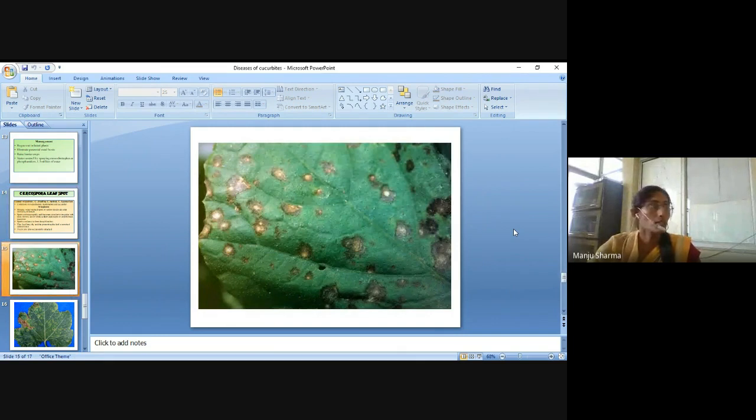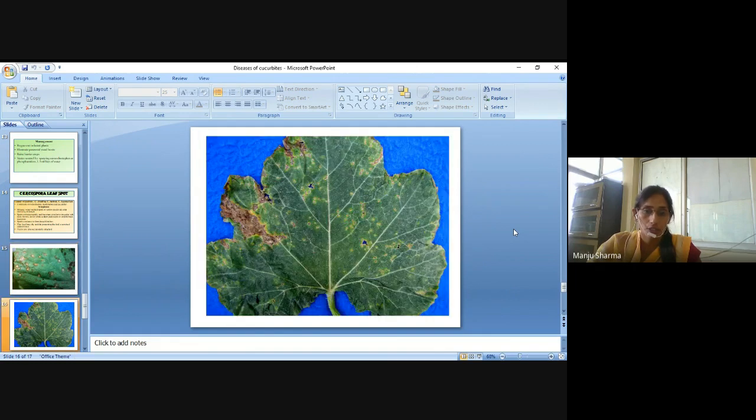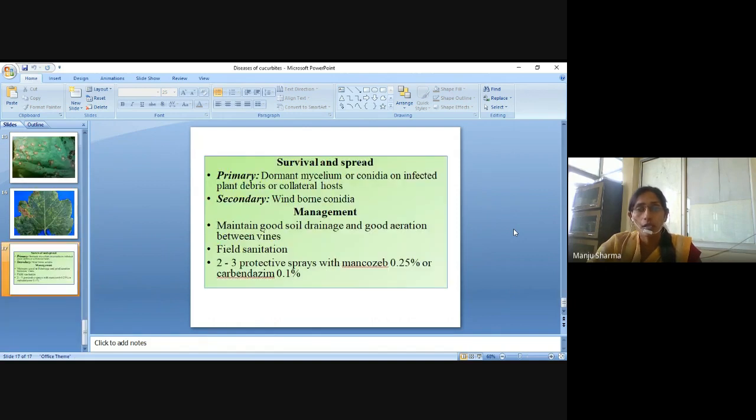Basically, the spots appear and enlarge, the complete leaf dries, and its color changes completely.